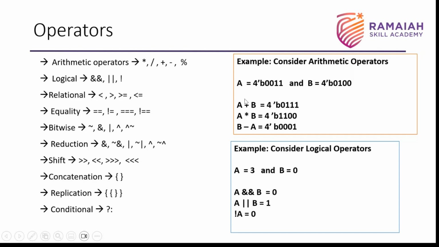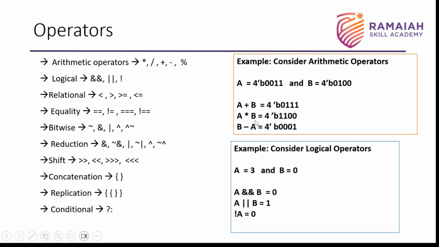Now A plus B. This is an arithmetic operator. It does multiplication, division, addition, subtraction, and modulus. Modulus will give you the remainder. So now A plus B will give me what? 0011 is 3. 0100 is 4. Correct? So 3 plus 4 is 7. So A plus B will give me 7.